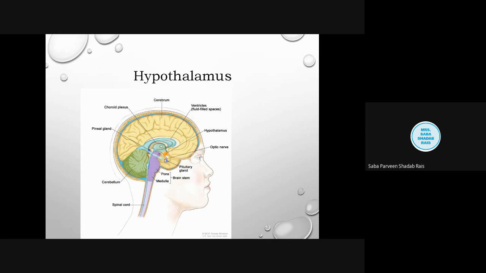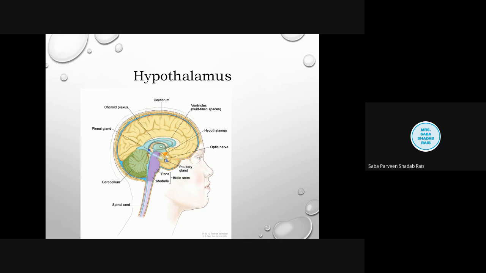The first, paraventricular nucleus, note it down, paraventricular nucleus, and supraoptic nucleus. Now see why I am pointing out these two nuclei, because these two nuclei have their outgrowth inside the pituitary gland, and they are responsible for the direct production of the hormone.